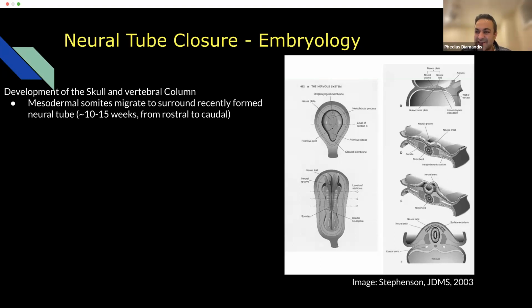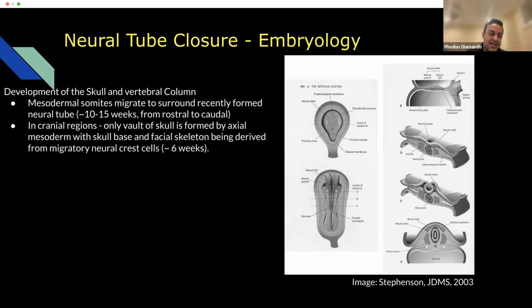So while the brain is still forming its neurons, before gliogenesis, you already have the skeletal structure set for the nervous system. In the cranial regions, only the vault of the skull forms, with the skull base and facial skeleton being derived from migratory neural crest cells around week 6.